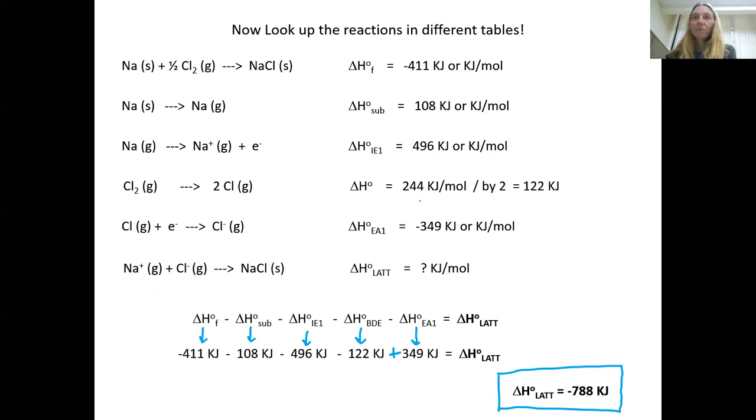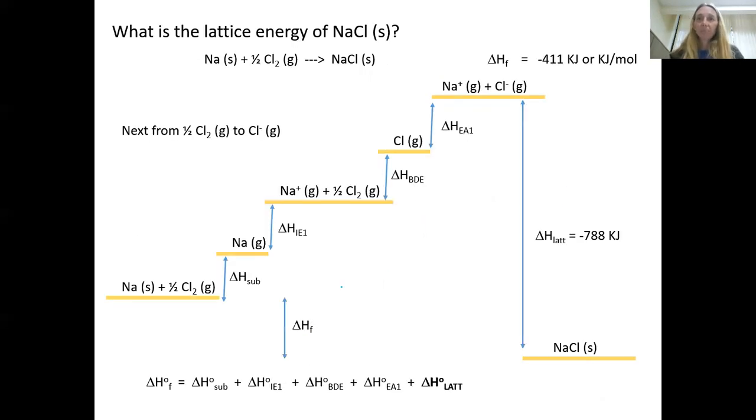So what that tells me is if I were able to collect sodium plus gas and chloride minus gas, and I stuck these two gases together in a container, the reaction would release negative 788 kilojoules, or 788 kilojoules per mole, in order to form the sodium chloride.